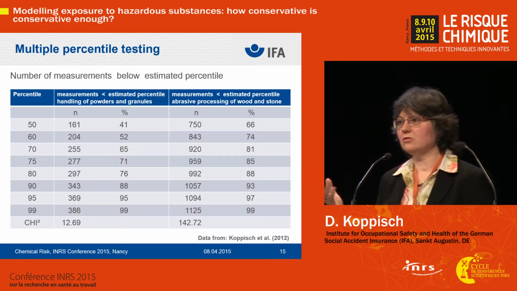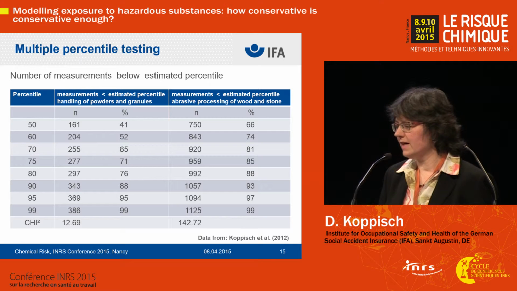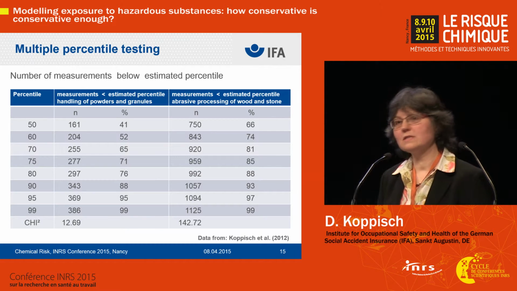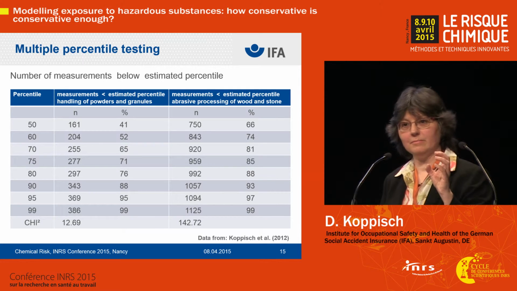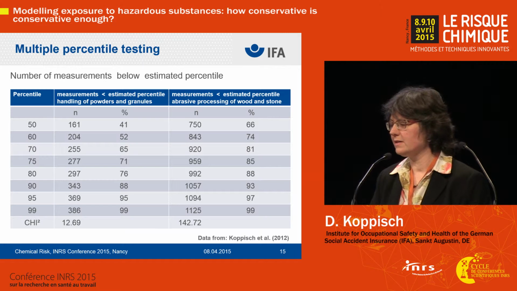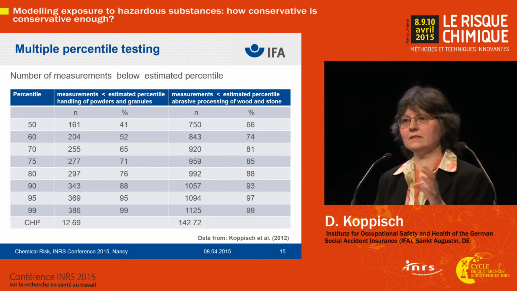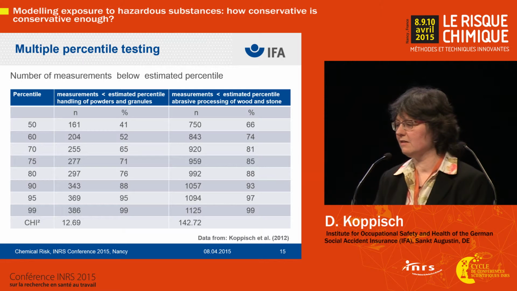And the question is now, how important is this over or underestimation? And what I tried here is I calculated a chi-square from this. You can calculate it if you have expected numbers and measured numbers. And you see that in the first case, for the handling of powders and granules, the chi-square is 12.7. With this number, if we are using a normal chi-square test, we would say that this deviation from the expected numbers is not significant on the 5% level.